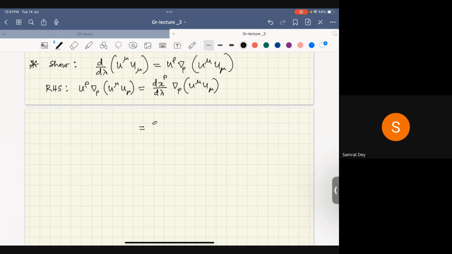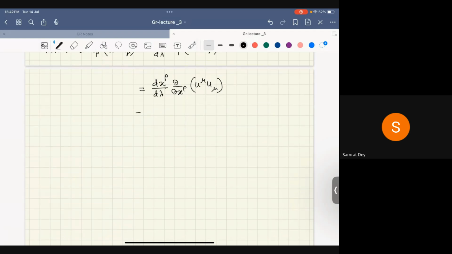I will use the chain rule here. And this I know I can write as d/dλ of u^μ. Since u^μ is a scalar, because u^μ u_μ is a scalar, that we all know, this implies that the partial derivative is the same as the covariant derivative.